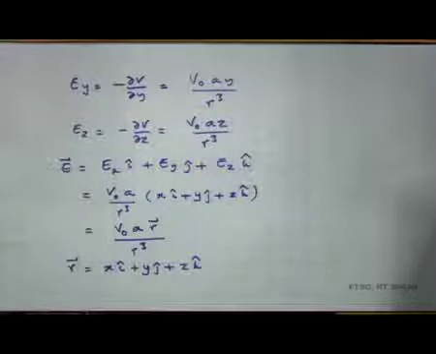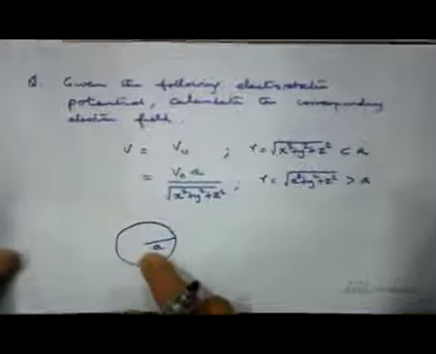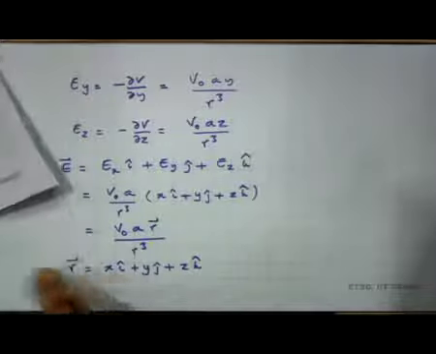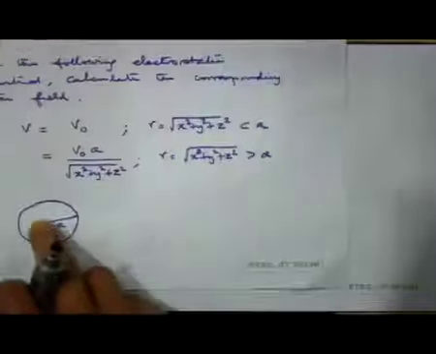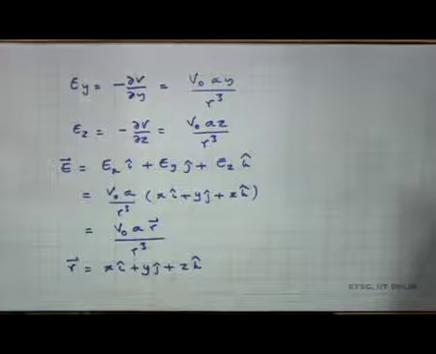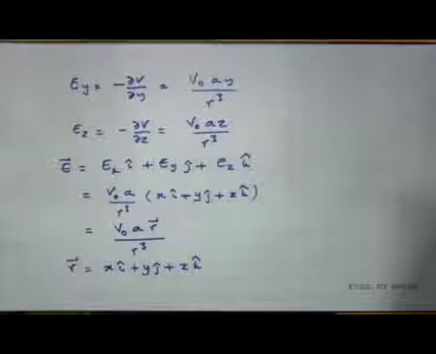Now, please note one interesting aspect here, that the electric field was 0 inside the sphere and is non-zero outside the sphere, and it is discontinuous. So, at r is equal to a, if you come from within the sphere the electric field is 0, if you come from outside the sphere the electric field has a finite value. So, the electric field here at this interface is not continuous.